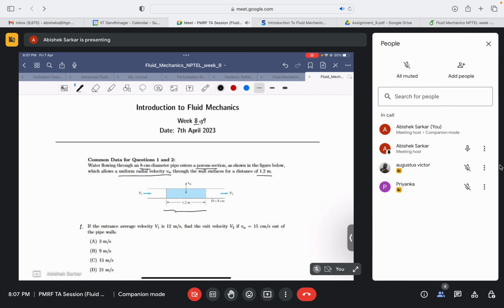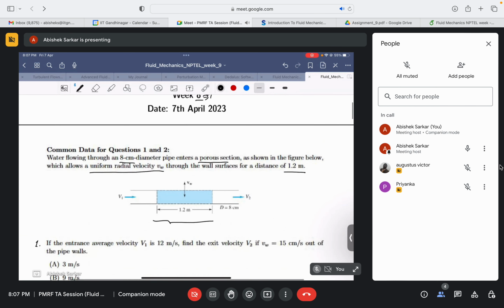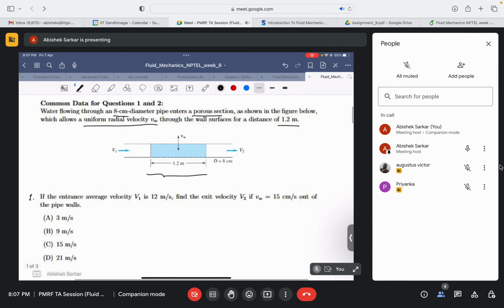This distance, let me zoom it a bit. If the entrance velocity V1 is 12 meter per second, find the exit velocity V2 if VW, that is the velocity across the porous section, is 15 centimeter per second out of the pipe walls. So is the question clear?